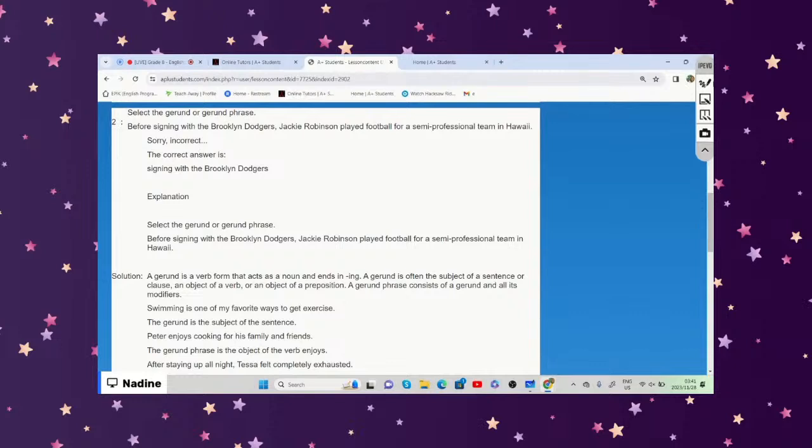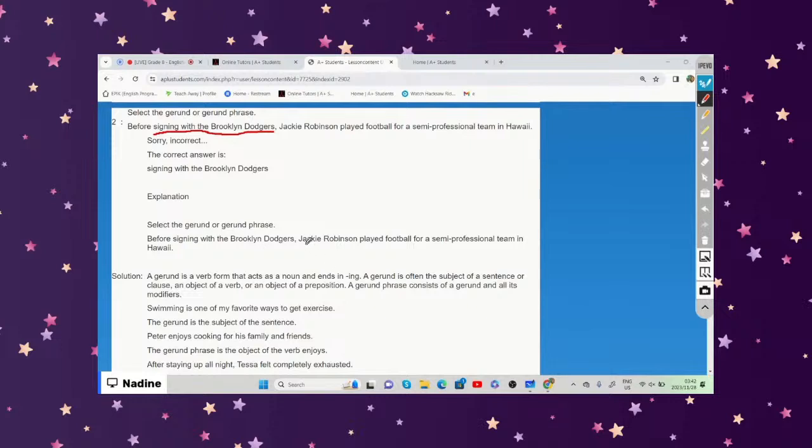So we will say not before, but signing with the Brooklyn Dodgers. So signing with the Brooklyn Dodgers, over here, it basically acts as a noun, right?